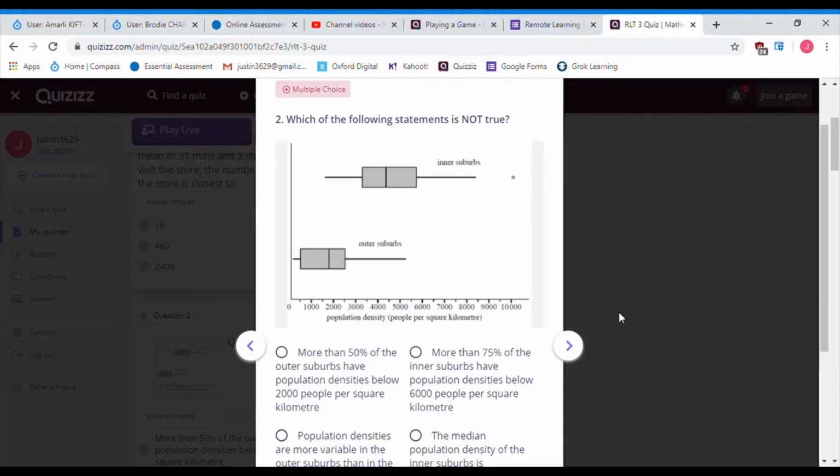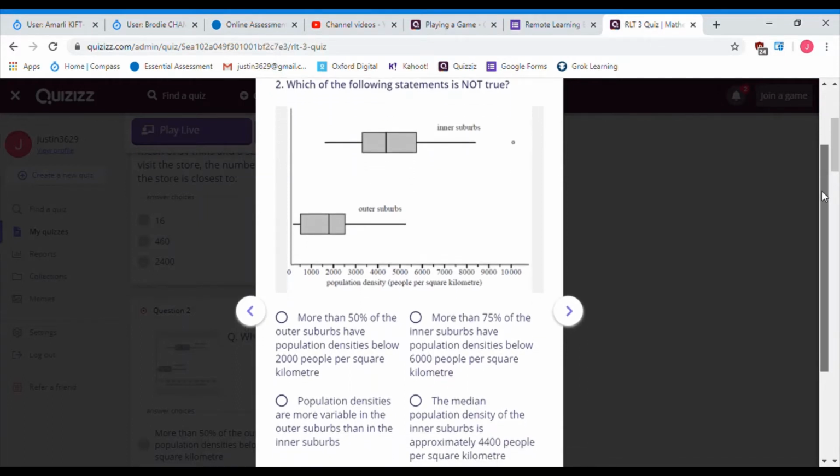This question asks, which of the following statements is not true? So let's go through each of them until we find one that isn't true. We've got more than 50% of the outer suburbs have population densities below 2,000 people per square kilometre.